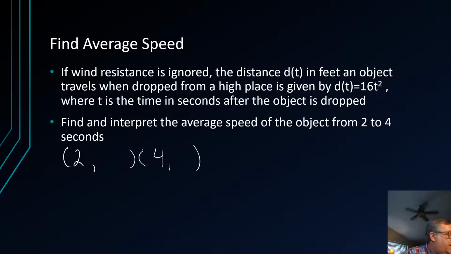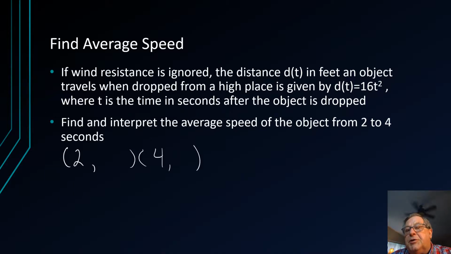And we're going to try to find y values, or d of t, using this function. Once we find the y coordinates for these, where t is 2 and t is 4, then we can use our slope formula to find the average speed of how fast that object is falling between 2 and 4 seconds.